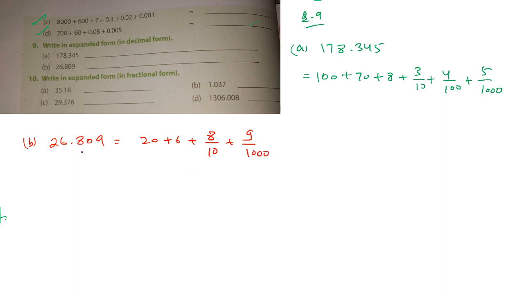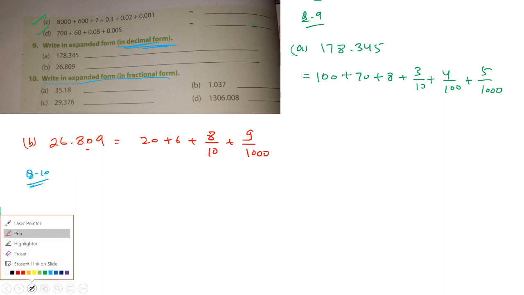Okay, 1000, because upon 100 term is missing. Now question number 10 says, write in expanded form in fraction form. Okay, actually in question number 9 it was saying write in expanded form in decimal form, so we have to write in decimal form.